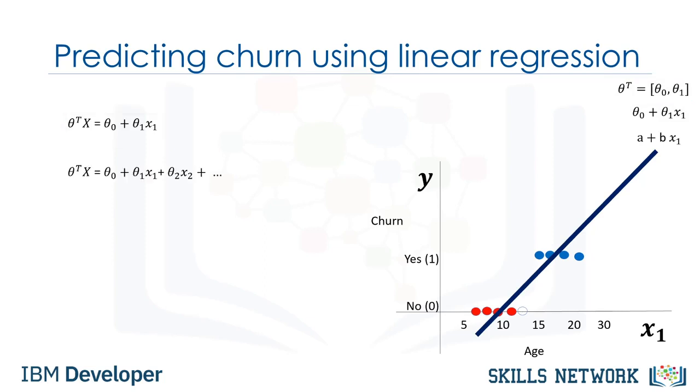And generally, we can show the equation for a multidimensional space as theta transpose x, where theta is the parameters of the line in two-dimensional space, or parameters of a plane in three-dimensional space, and so on. As theta is a vector of parameters and is supposed to be multiplied by x, it is shown conventionally as transpose theta.